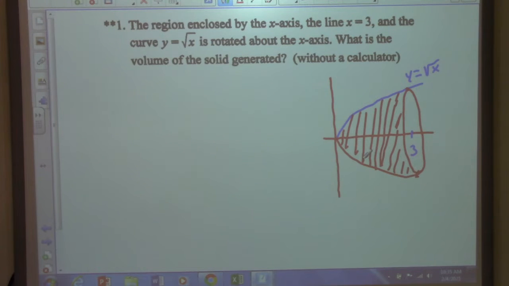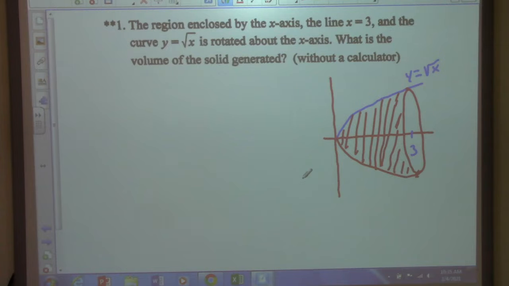Trick question? No, it looks kind of like a bullet, right? I try to draw it this way. The bullet is going to be flat at this end, and then it's going to gradually curve to a point, more or less a point here at the origin. So that's what the thing is going to look like.